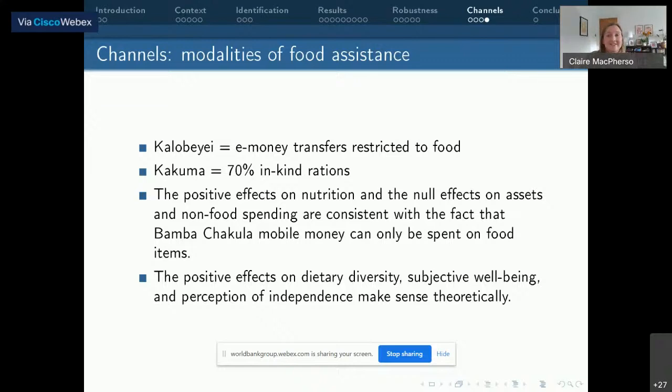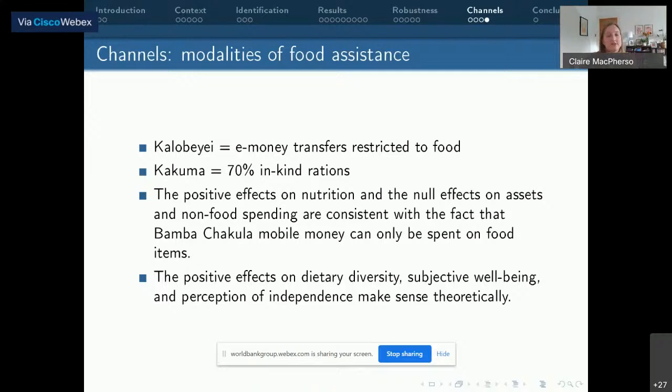Certainly, this channel is challenging to explore in our context because there's very little variation in the modalities of food assistance within the individual sites. Essentially, everyone in Kakuma gets the same rations, and essentially everyone in Kalobeyei gets the same cash transfer. So compared to other mediators, we can't simply add one more control variable in regressions to assess whether this food assistance difference mediates the effect on the outcomes between the two sites.